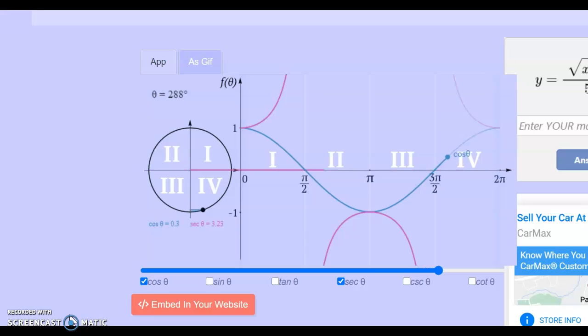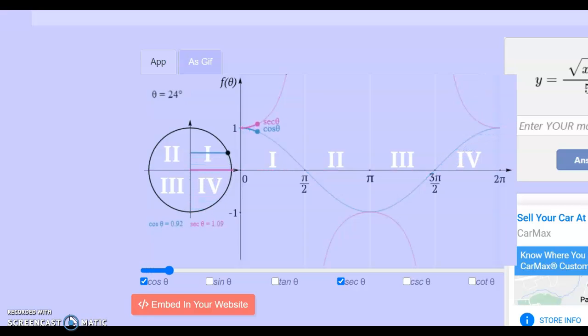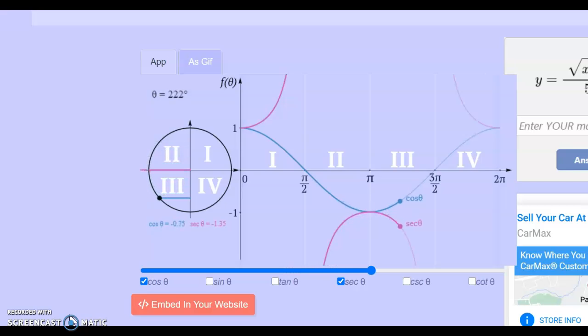We see cosine also has maxes and mins, and so hopefully you were able to predict that, you know what, I think that the secant of x graph is also going to have these weird parabola looking things that share a point with the maxes and mins on my cosine of x graph. And we can see that here with this little animation. Again, it looks just like our sine of x and cosecant of x graphs, but slightly shifted.